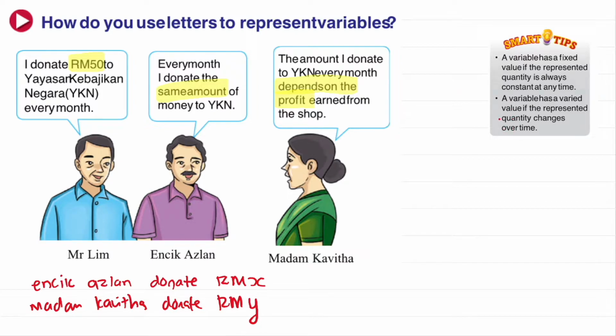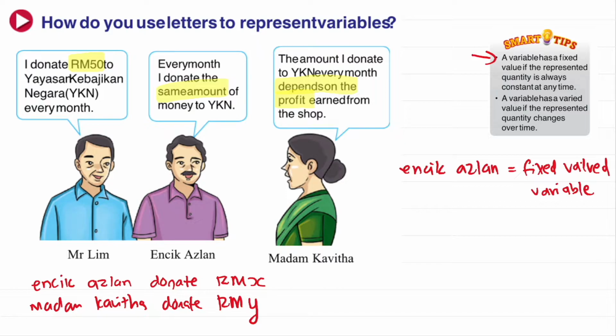So kalau untuk X dekat sini, untuk Encik Azlan tu kita boleh refer dia dekat sini lah. Sebab dia kata, I donate the same amount every month. So, ini adalah fixed value. So, untuk Encik Azlan, dia adalah fixed value variable. Okay.